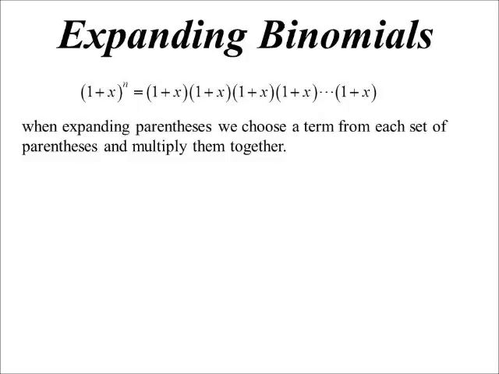When expanding parentheses, here's the really cool thing. What we're basically doing when we expand parentheses is we choose a term from each individual parenthesis and multiply them together. Now, normally if we just got a simple binomial, we might go, oh, what's x plus 2 times x plus 3? And remember the first time you learned to do that, the FOIL method or whatever you called it, you said, okay, I'll multiply the first one with the first one.